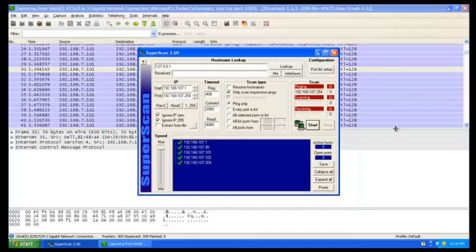We can see them over here. And by the way, while we're thinking about it, you notice that 107.104, which is where we were running Wireshark on the other network, we don't see a reply here. And I'm pretty sure it's because by default on Windows 7, Windows Firewall, echo requests are simply dropped. There's no replies sent back.